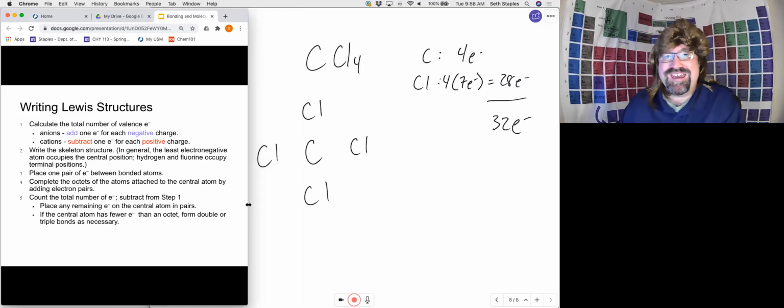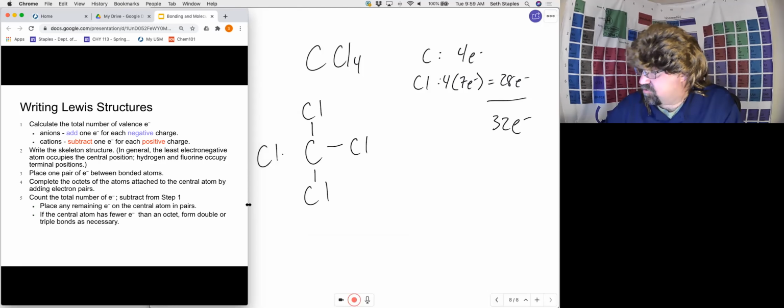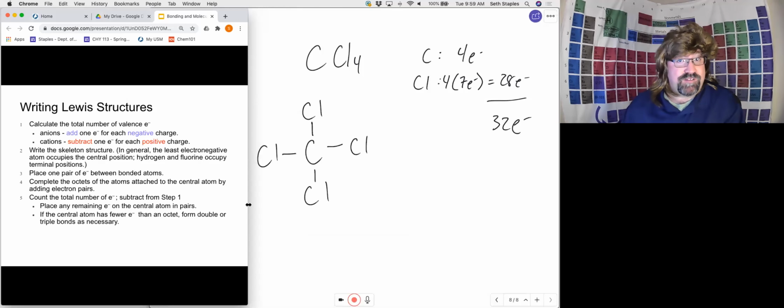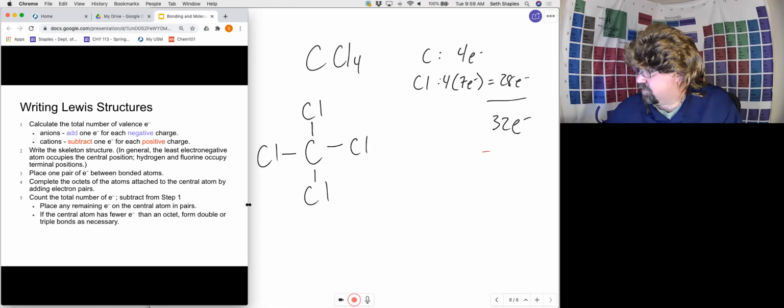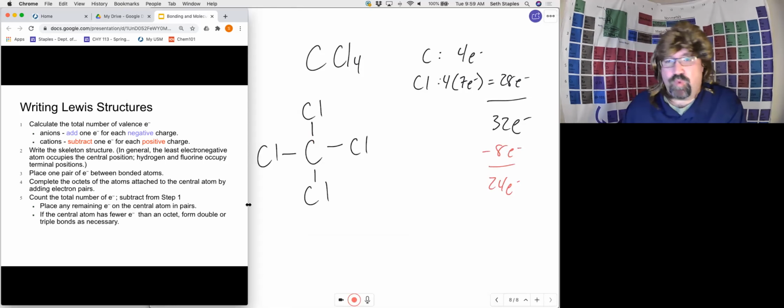In other words, we're going to connect every atom to the central atom using 1 single bond. Now let's keep track of our electrons. We've used now 2, 4, 6, 8 of our 32. So we've used 8 electrons. So we have 24 more electrons that we need to place.